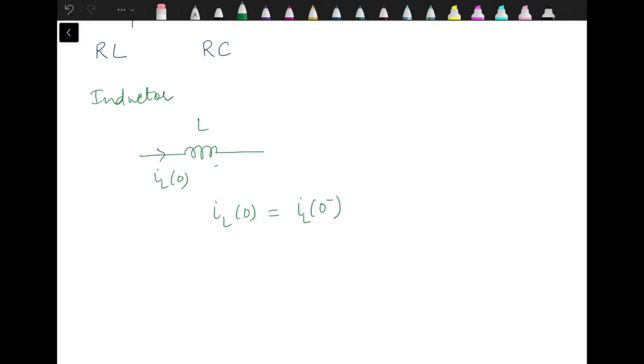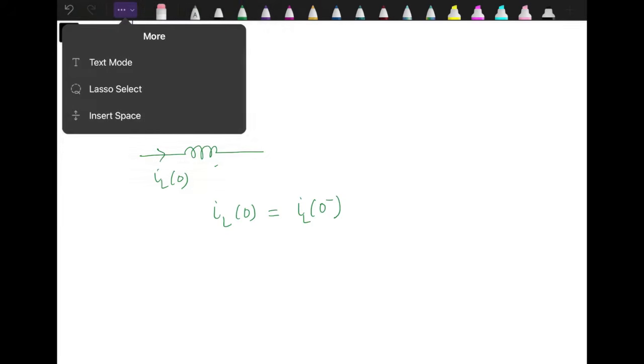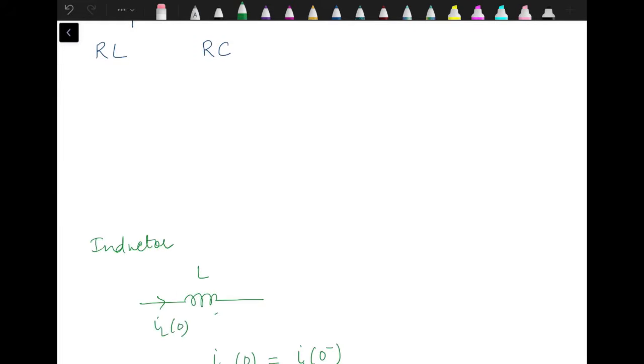So in case of transients, we have three different instants. T equal to 0 is the instant of switching, meaning when we turn on or turn off the switch.